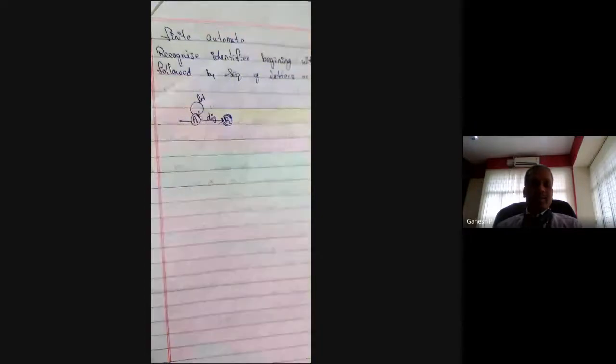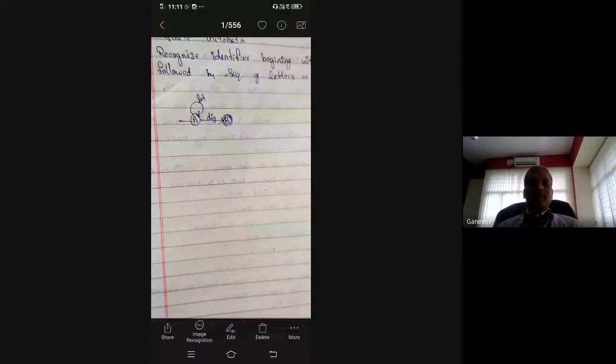So you cannot directly jump to the diagram. You have to think twice. What are all the possible things? It is given that it begins with a character followed by either a sequence of letters or digits. Character means one or more characters. So instead of A, it may be AB, AZ, AX.